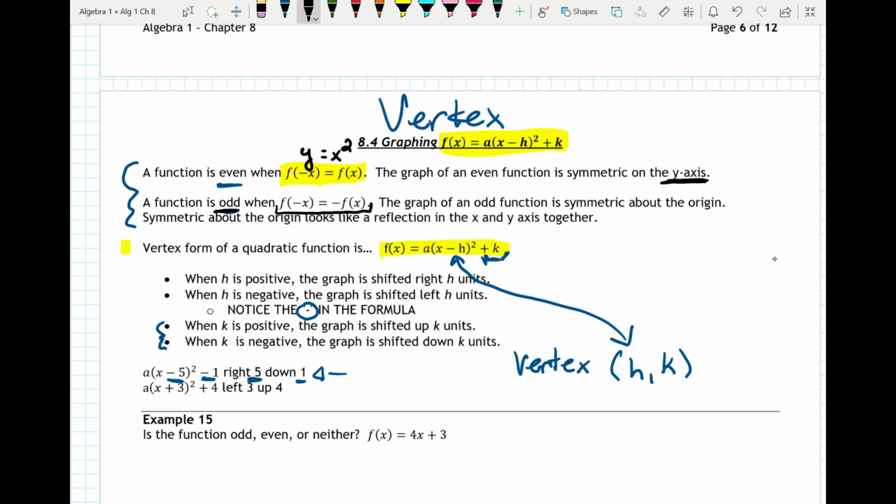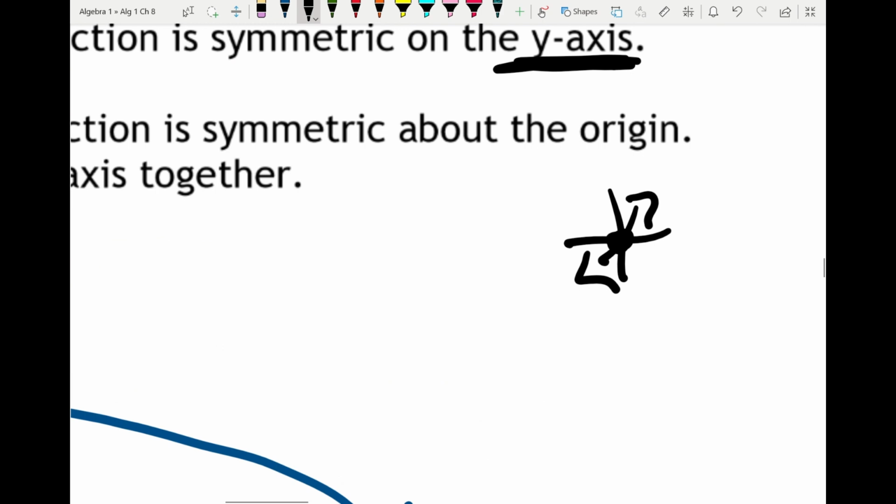Probably the most common one that we could think of would be y equals x. If you think about the line here, it's going to be symmetric about the origin. The origin is the middle spot, meaning that you could take this left branch here and rotate it 180 degrees, and it would be symmetric with the right branch there.